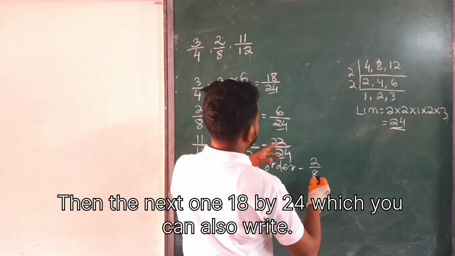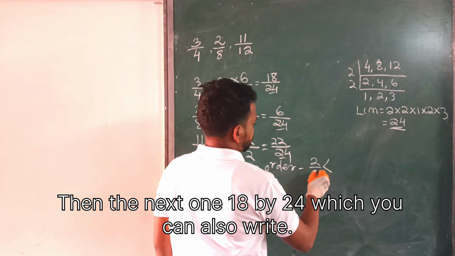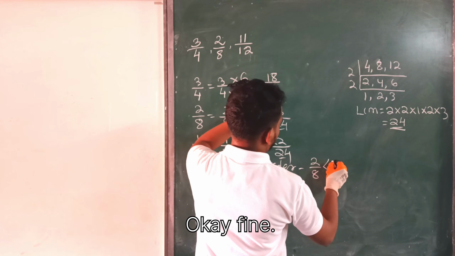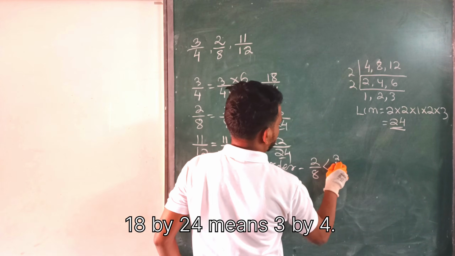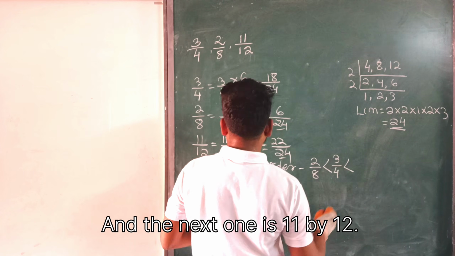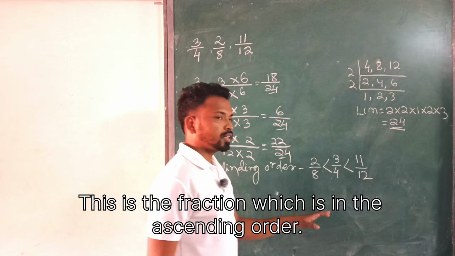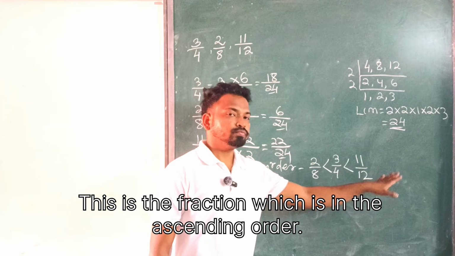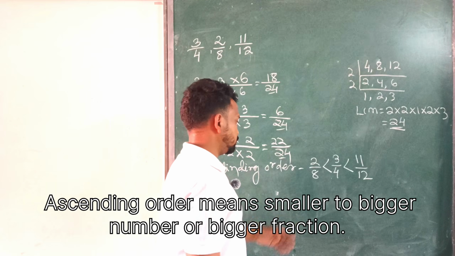Then the next one, 18 by 24, which you can also write, okay fine, 18 by 24 means 3 by 4. And the next one is 11 by 12. This is the fraction which is in the ascending order. Ascending order means smaller to bigger number or bigger fraction.